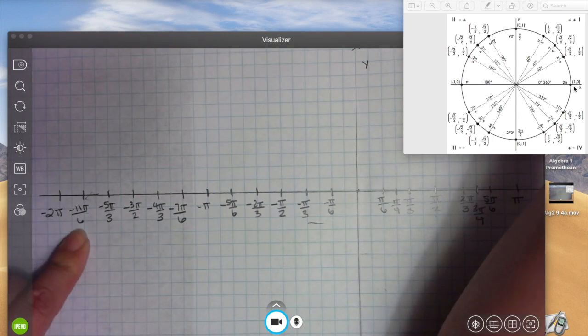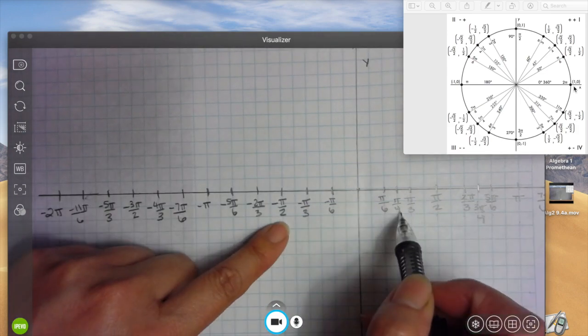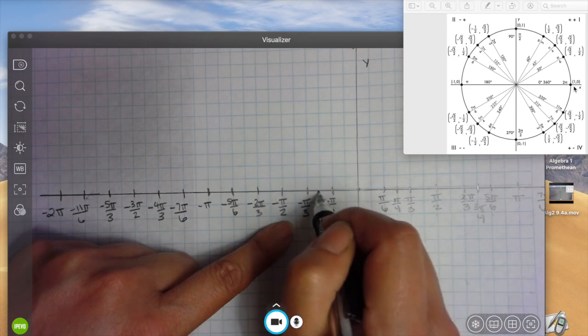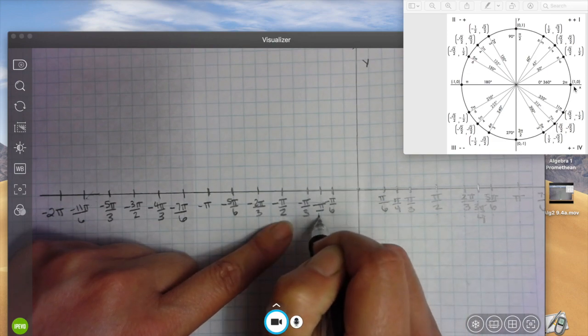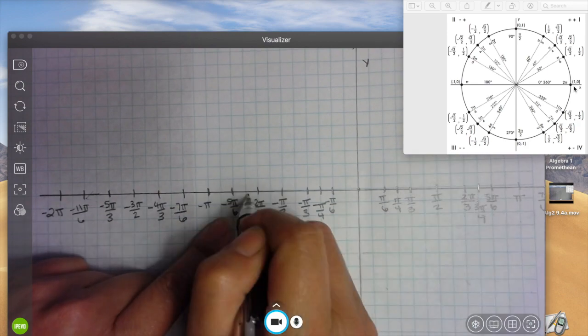So now I'm going to go back and we're going to put the fourths in, right? So in between the negative pi over 6 and negative pi over 3, I'm going to put negative pi over 4. In between negative pi over 2 and negative 5 pi over 6, I'm going to put negative 3 pi over 4. Okay?